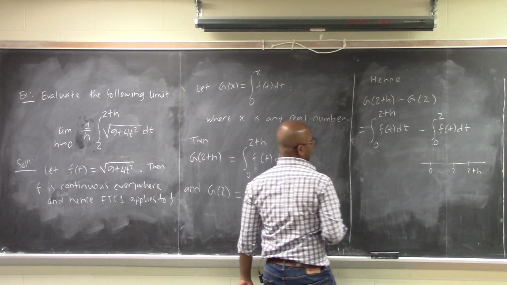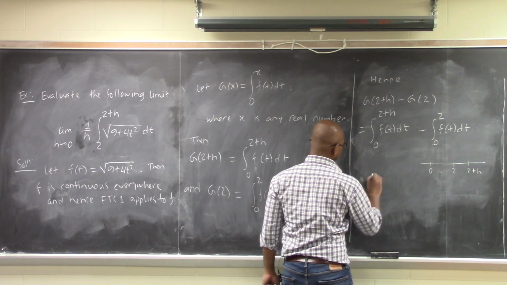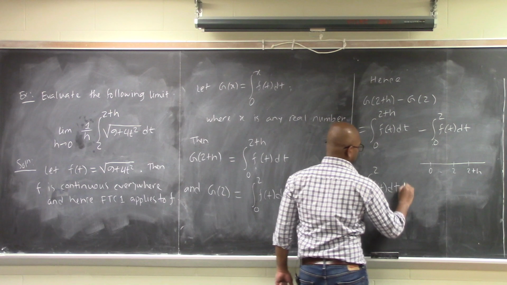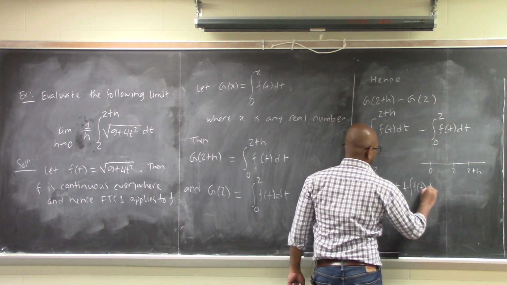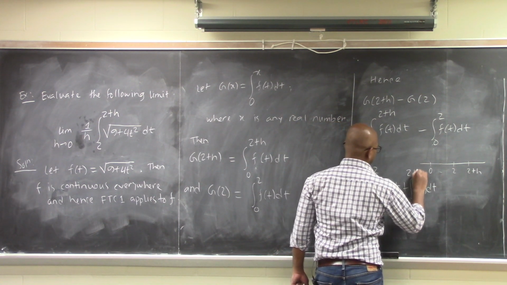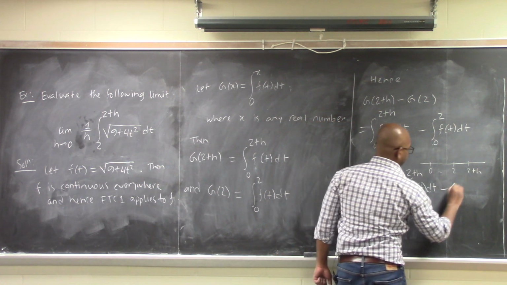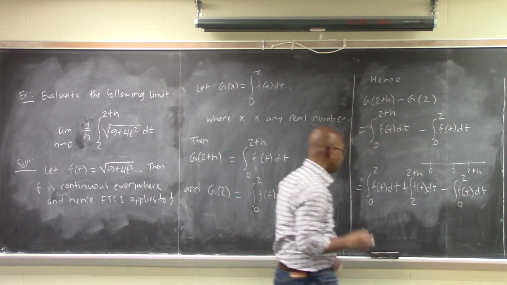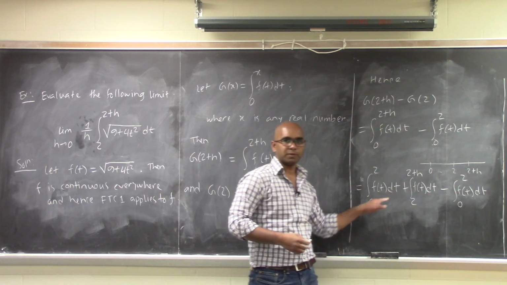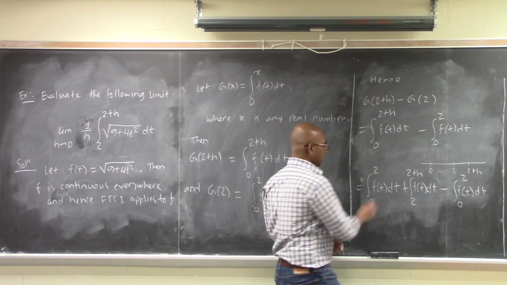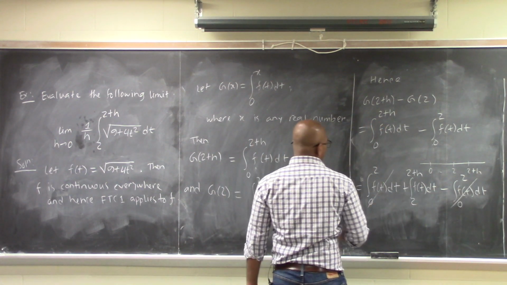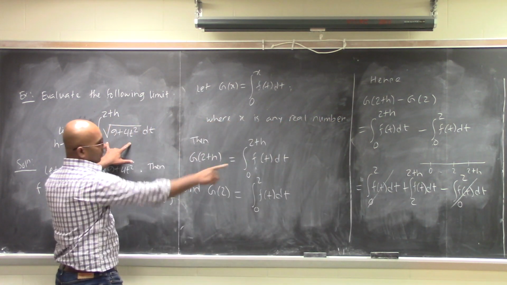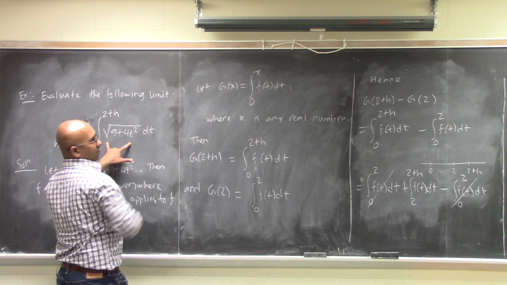So now this guy equals integration of f from 0 to 2 plus integration of f from 2 to 2 plus h, but also we have minus integration of f from 0 to 2. But notice we can actually cancel these two. They have the same value with different signs. So this integration is basically g of 2 plus h minus g of 2.